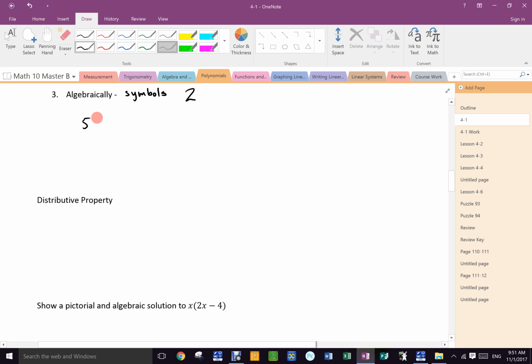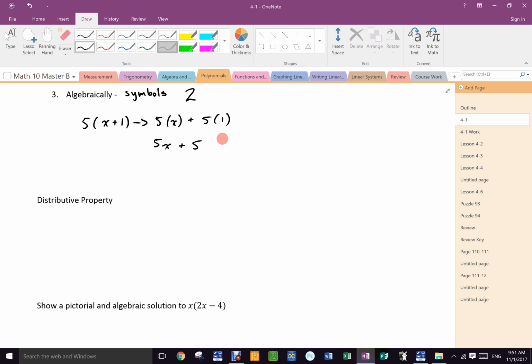So what we had was 5 times x plus 1. And what that actually means is I have 5 x's, and then I am adding 5 1s to get an answer of 5x plus 5. Now, 5x plus 5 is not real, is it?